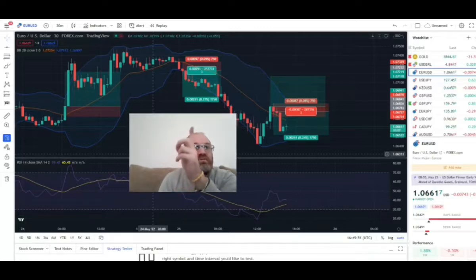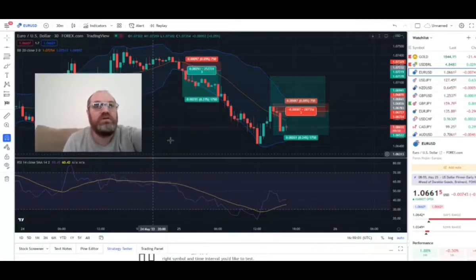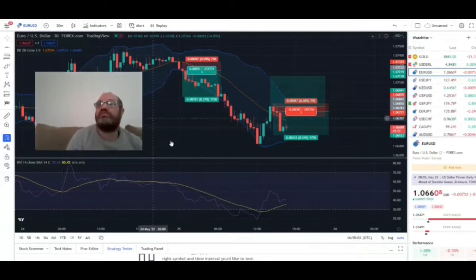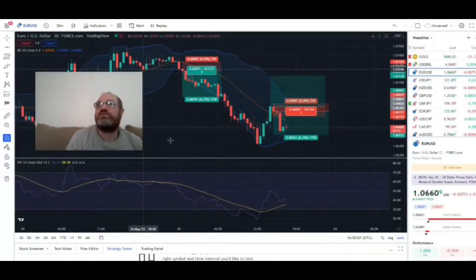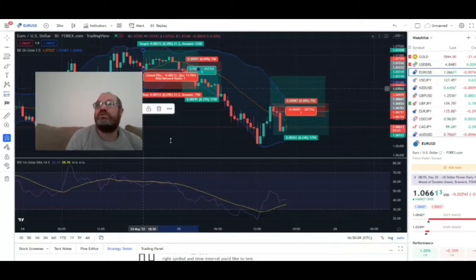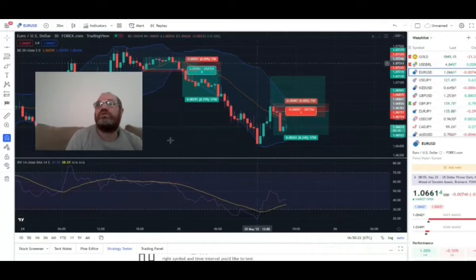There we would have a loss, because here we would have entered one more time. Just so there are no confusions, we would have entered here with a long. We would have set the stop loss right below like this, very tight, and we would take 3 times take profit. Yeah, by the way, it would be a loser. This would have been a loser.